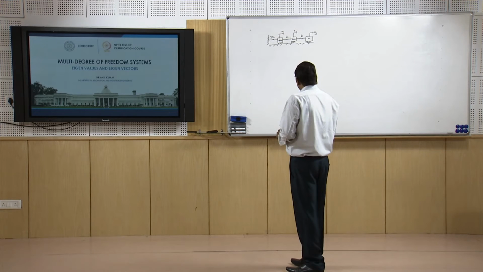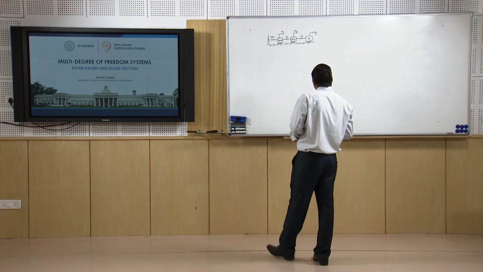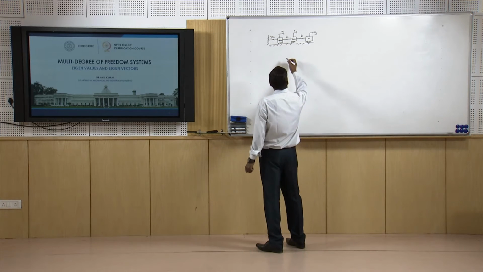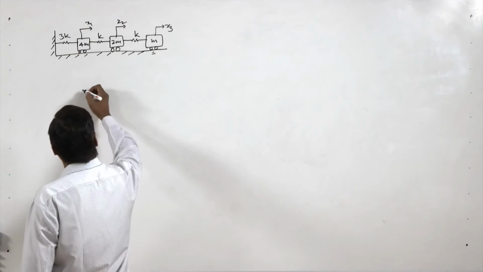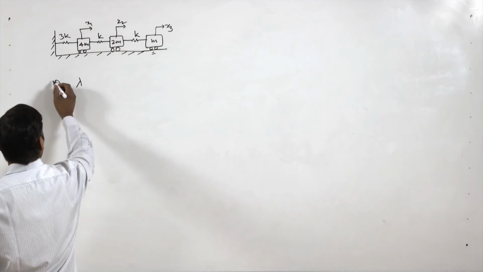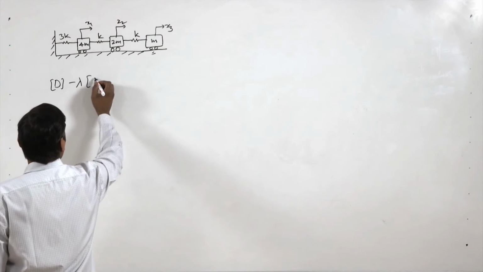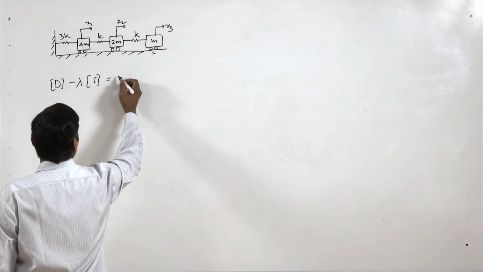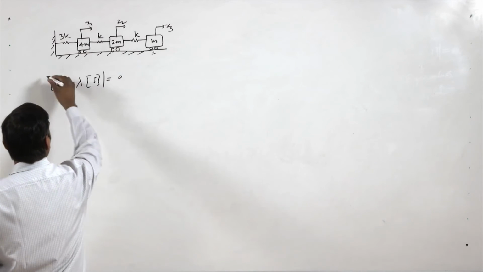First we have to find the eigenvalues, and for that we have the modulus of D minus lambda I equal to 0.